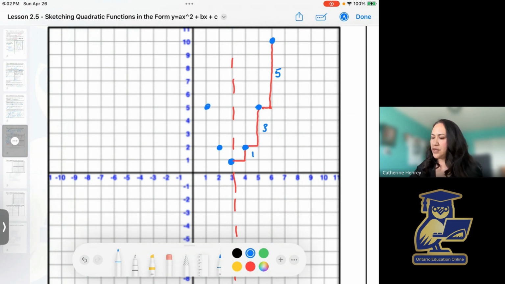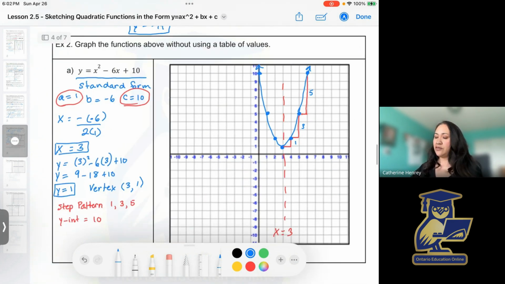And then we knew that the y-intercept was 10 because that was the c value. So it looks like it lines up nicely. And we'll draw in the curve on the right and on the left. So it may have taken us a little less time, I think, instead of doing a table of values for a long function in standard form, like what we were given.